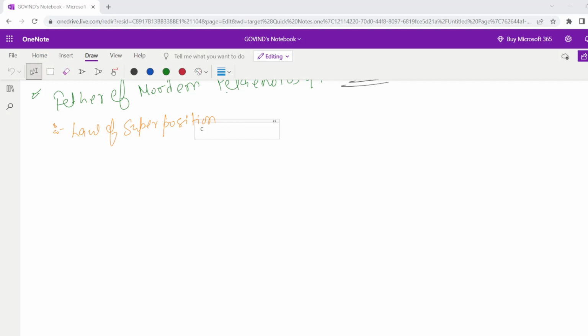The law of superposition states that the lower strata of a geological formation was first to be deposited and it is the oldest. That means if we have found a fossil in the lower strata of the earth, it means that that fossil formed first and that is the oldest anyway.